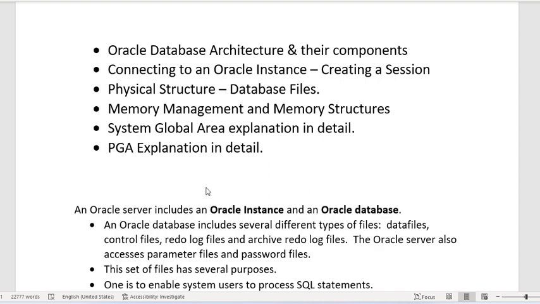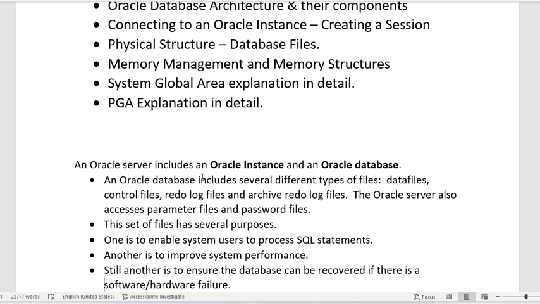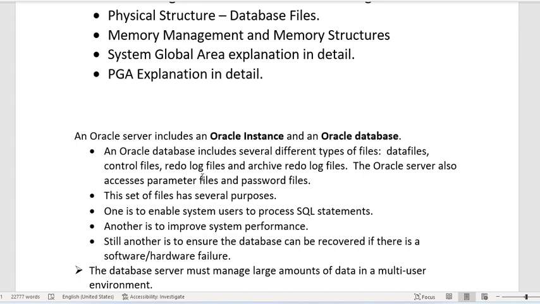As we know, an Oracle database is a combination of an Oracle instance and Oracle database files. The Oracle database includes several different files like data file, control file, redo log file, and archive redo log file, and it also accesses the parameter file and password file. This set of files has several purposes.